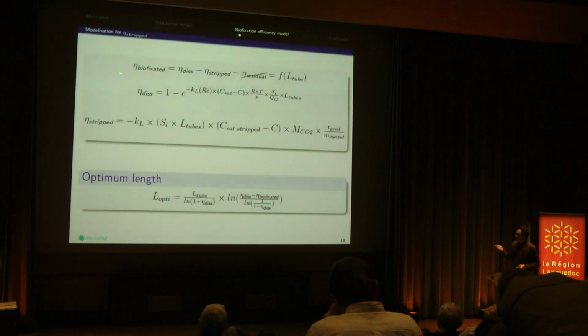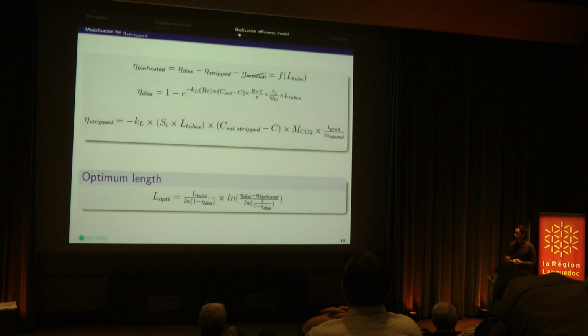Those two dissolution efficiency models are functions of the tube length. So we thought we could address the scaling of the photobioreactor, and simply with a differentiation with respect to the length, we can express an optimum length of the photobioreactor as a function of the dissolution efficiency, biofixation efficiency, and tube length corresponding to the measurement of those two.